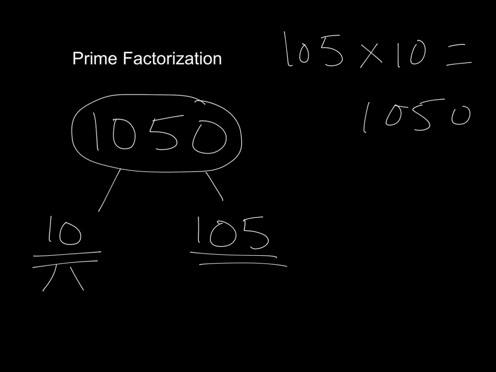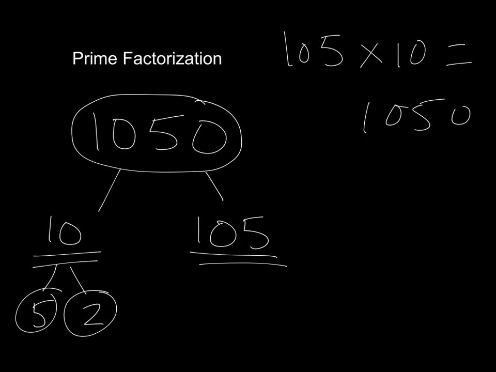So what are the factors of 10? What two numbers that multiply together give you 10? Well, of course, we can do 10 and 1, but we're going to be in the same boat as if we just left it as 10. So we're going to use other factors. So 5 times 2 equals 10. And if you look at 5 and you look at 2, those are prime numbers.